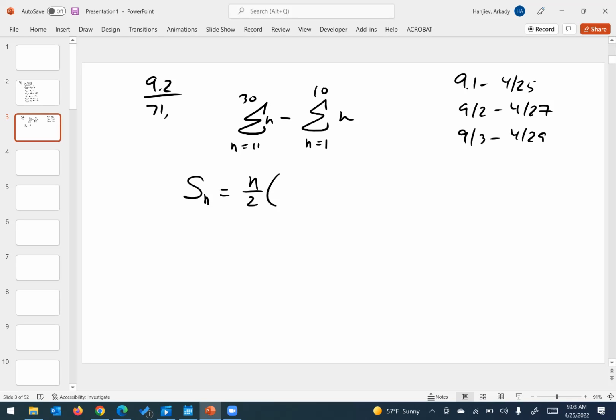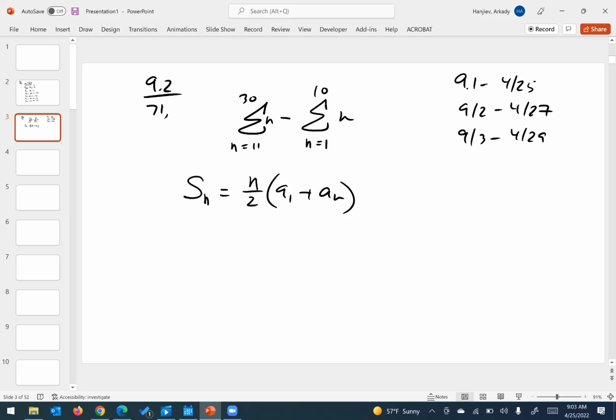It has A1 up to An. Just like Frederick Gauss, right? He added from 1 to 100. You can flip it around each time, add the same numbers, and just divide by 2. You get 101 additions 100 times and divide by 2.